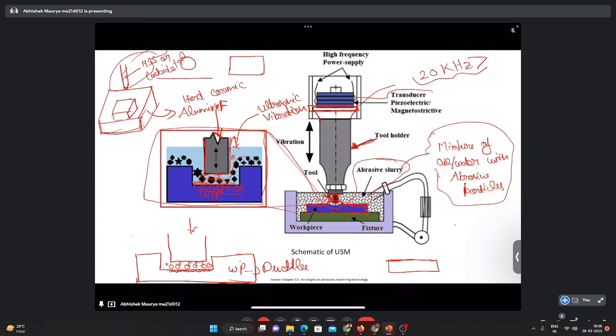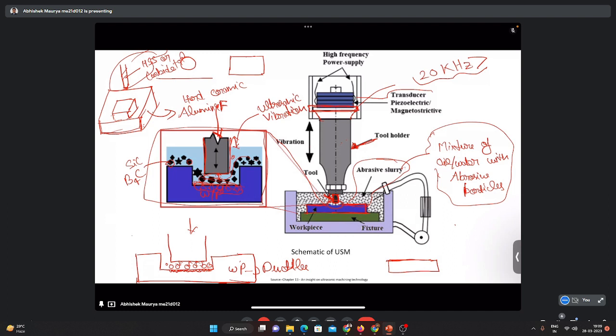Okay. But here, the abrasive particles are very hard ceramics like silicon carbide or boron carbide, B4C. So they are harder particles than the workpiece. But since the workpiece is very brittle, we have to remove the material in a localized manner.